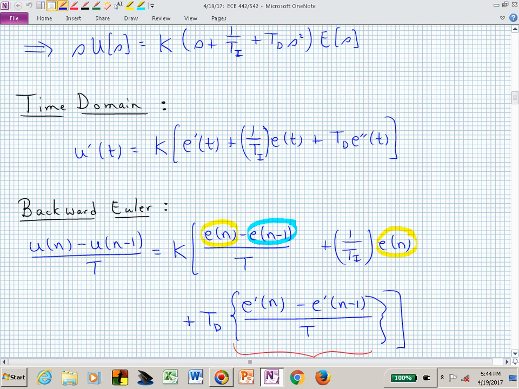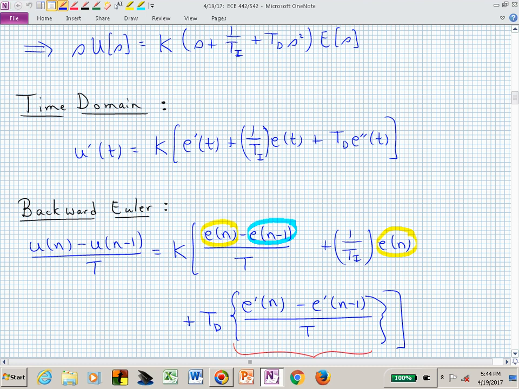But you can see that I'm highlighting these errors at different time indexes. In yellow, I've now circled all of the errors at the present time, e of n. On the right-hand side, we have K with a square bracket. Then we need to approximate the derivative of the error, again using the backward Euler approach.